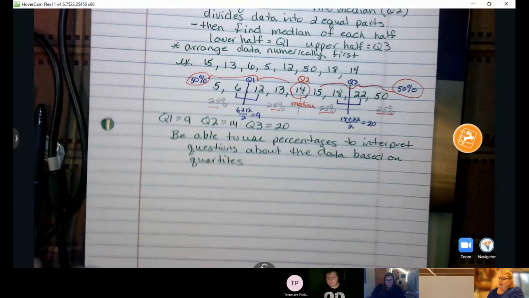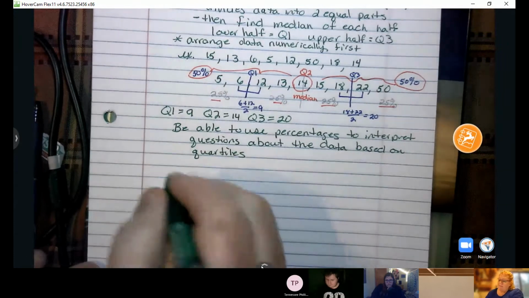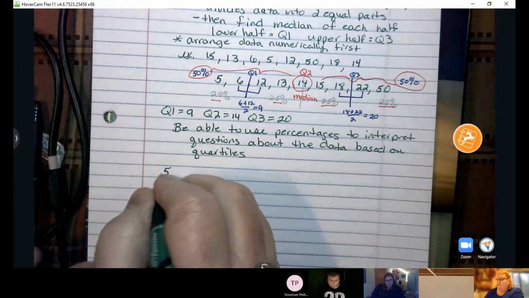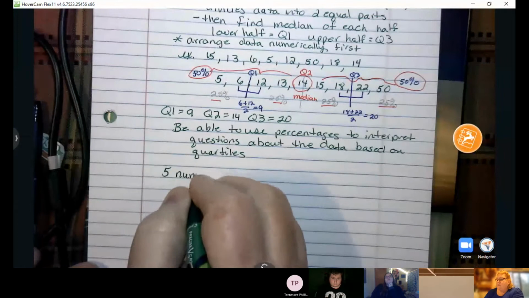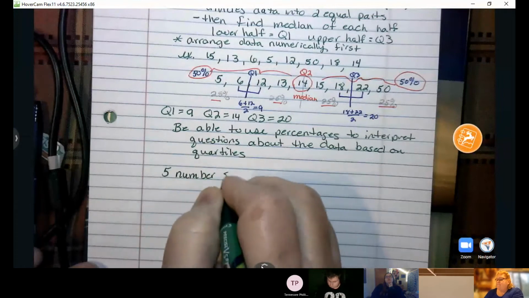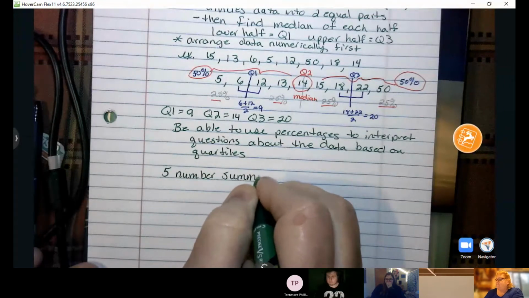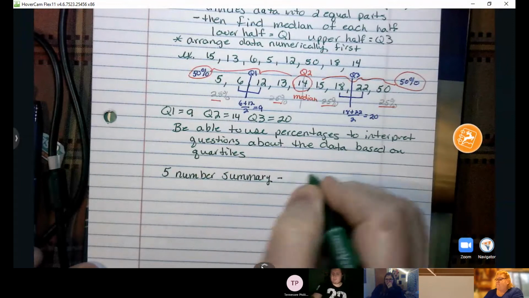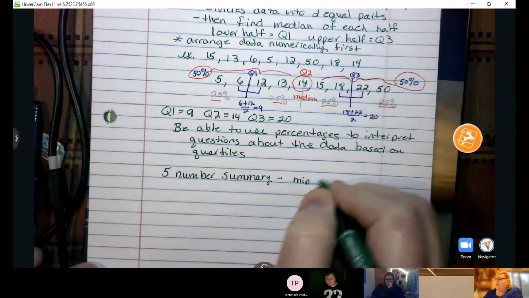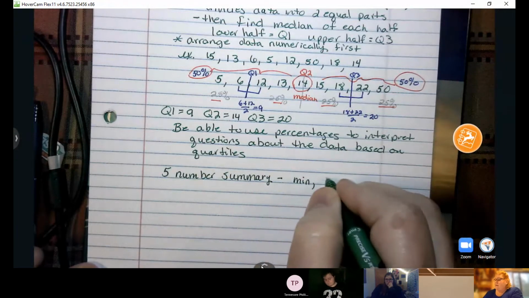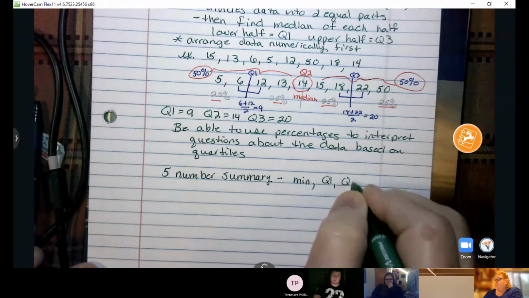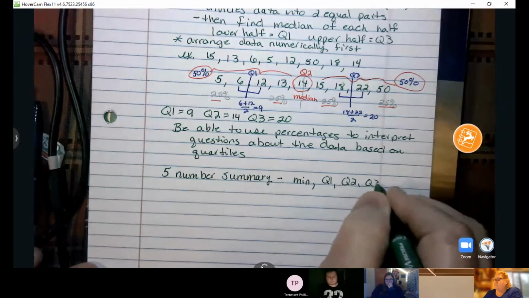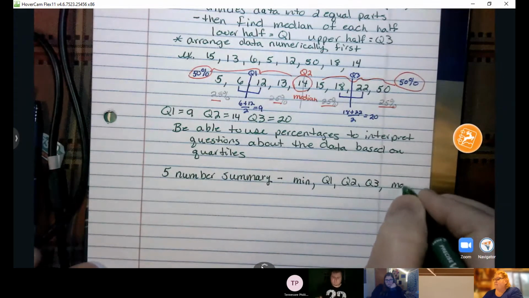Now we extend that one further step to what we call the 5-number summary. And we include the min, the quartiles, and the max.